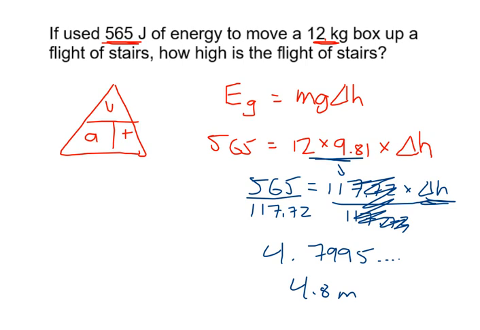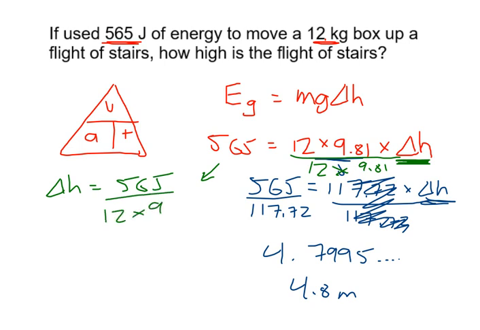Some kids like to do the algebra before they do all the math. And so here's an alternate way of solving things. What some kids like to do is get h by itself without putting these numbers together, and they realize that they just need to divide by 12 and divide by 9.81. So they rearrange it and they say the answer is 565 divided by 12 and 9.81.